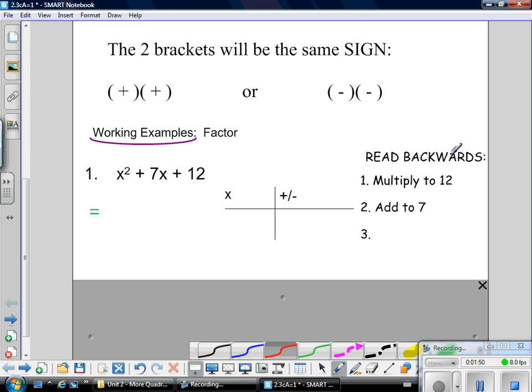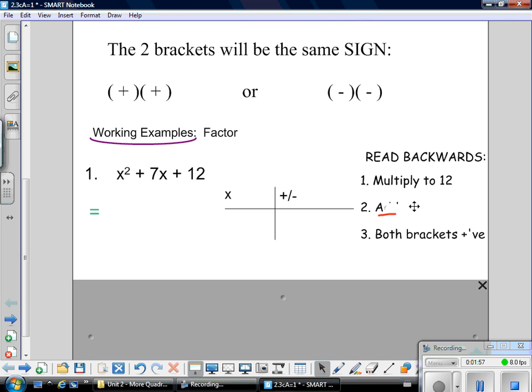They have to add to 7, and we also know that both brackets have to be positive because of that middle sign. So we're always reading backwards: multiply to give me 12, add to give me 7, and both brackets are positive.